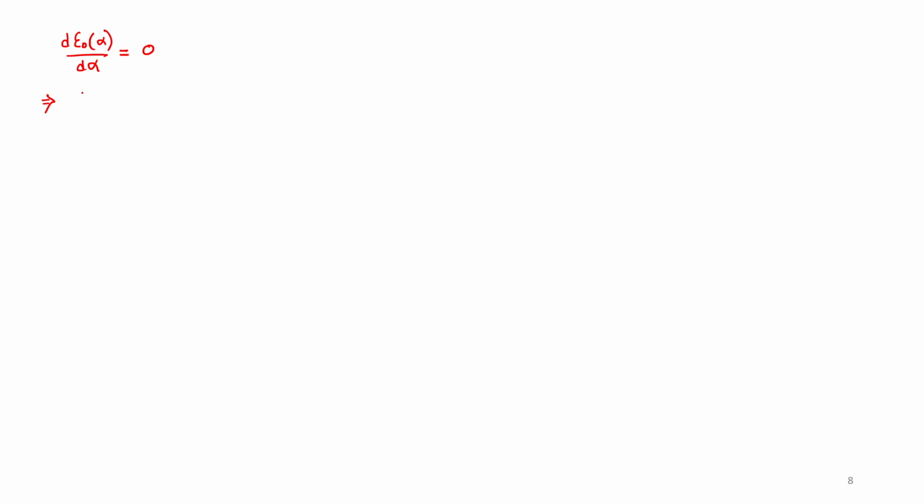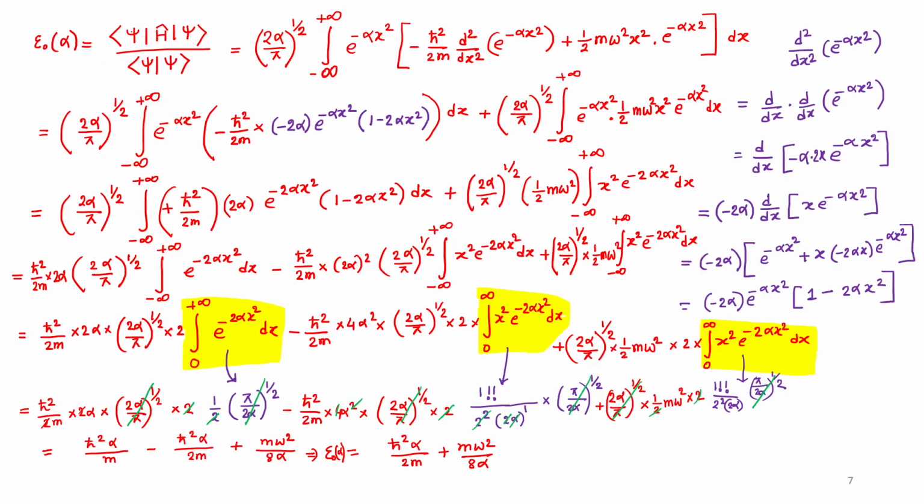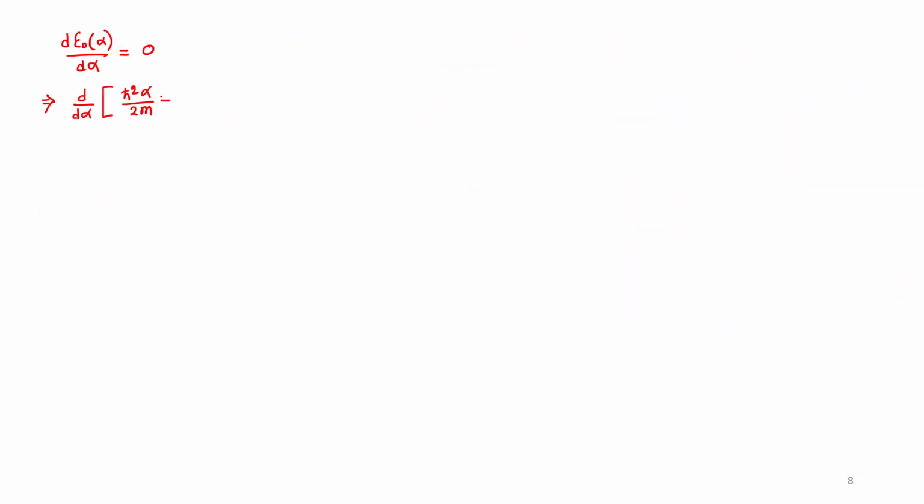So if we have d by d alpha of h cut square by 2m alpha, minus or plus m omega square by 8 alpha, and we equate it to 0.